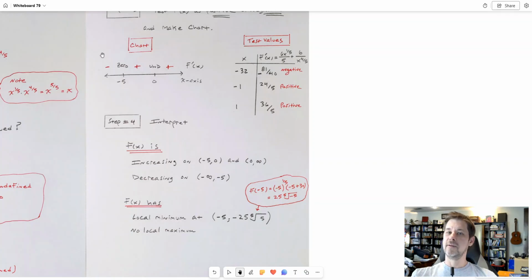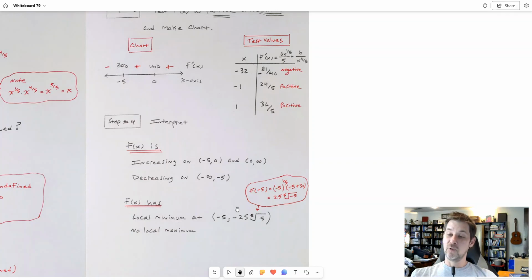Why is that? Well, think of the curve as falling and rising. So the curve is falling, and then I get a point where I have a critical number, and then it rises on the other side. So that would be a low spot, or what we call a local minimum. So that's at the spot where x is -5.